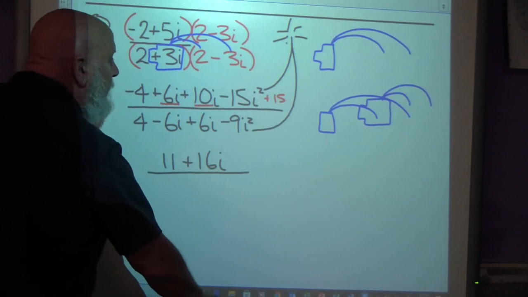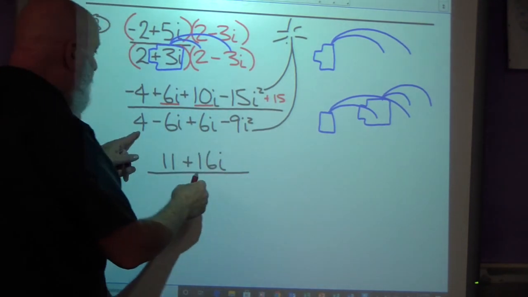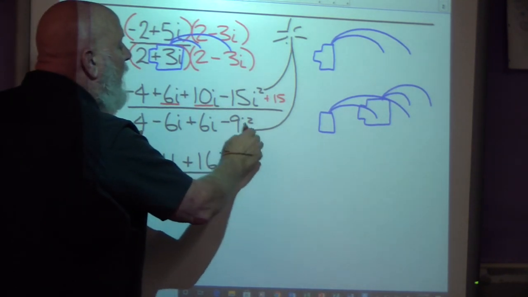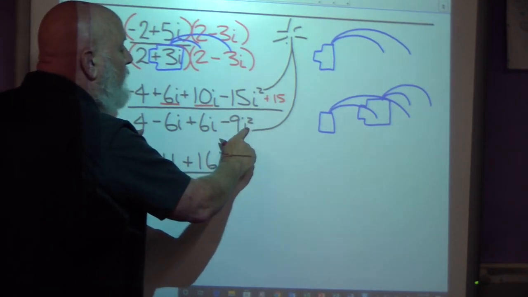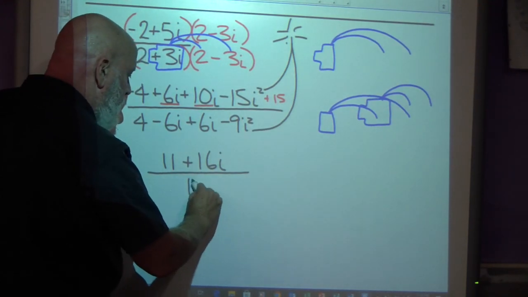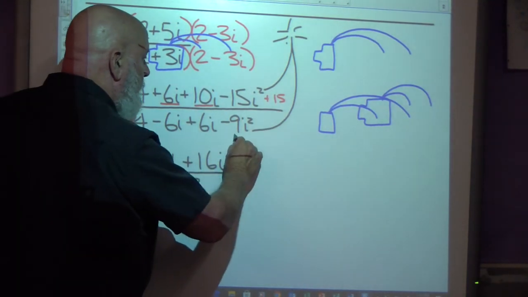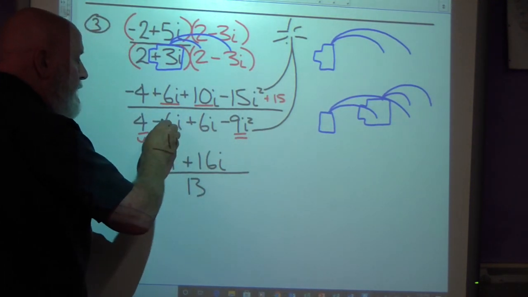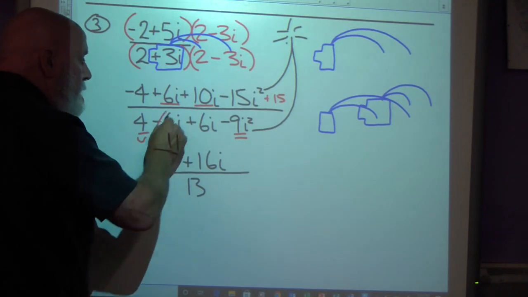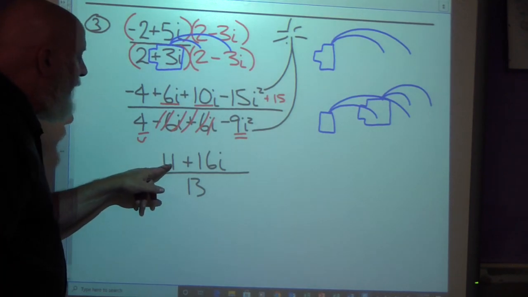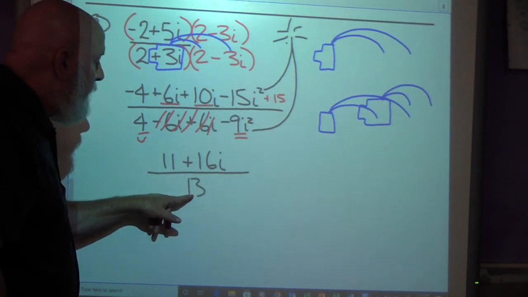And in the bottom of my fraction, the denominator, I've got 4 plus 9. This is negative 9 times negative 1. So that's 13. That's combining these like terms. And 6i minus 6i, those are different signs, so I'm going to subtract and get a 0. So I wind up with 11 plus 16i over 13.